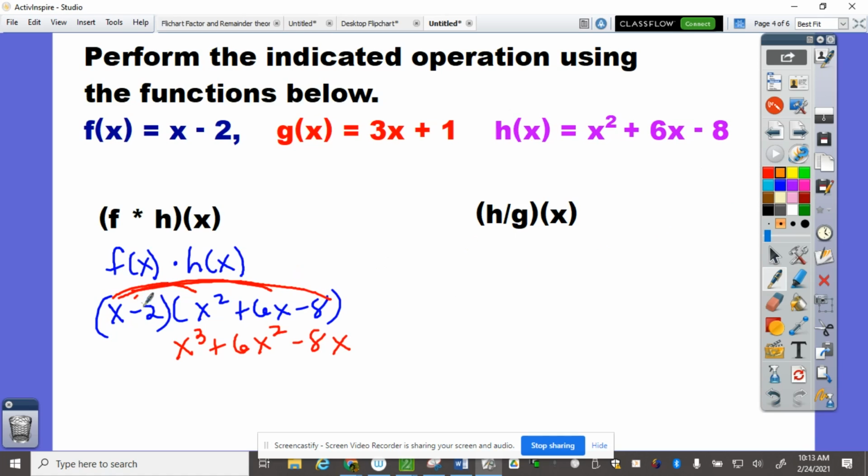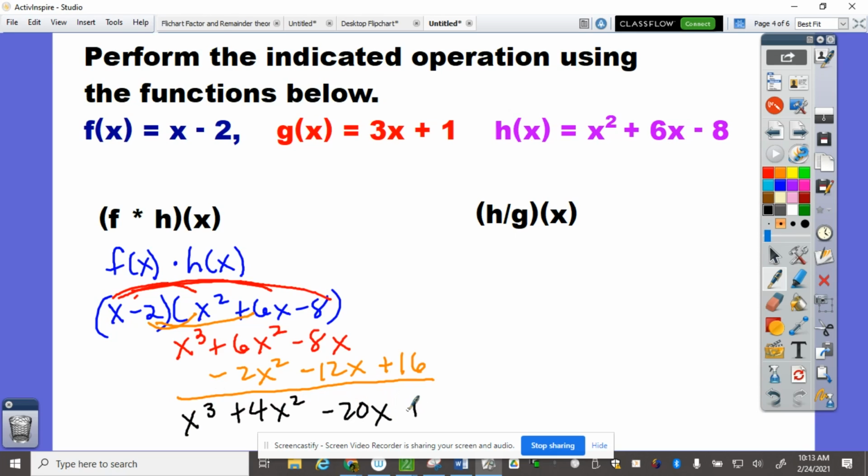And I can multiply now the negative 2 to all of them there. That will give me negative 2x squared, negative 12x, and positive 16, because negative 2 times negative 8 is positive. You're going to combine the like terms. So the answer here will be x cubed plus 4x squared minus 20x plus 16. And that's the answer. Kaboom.